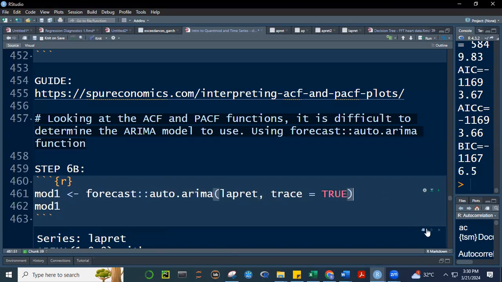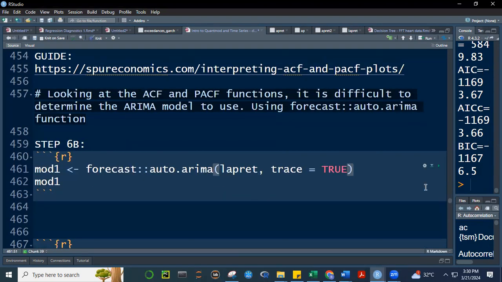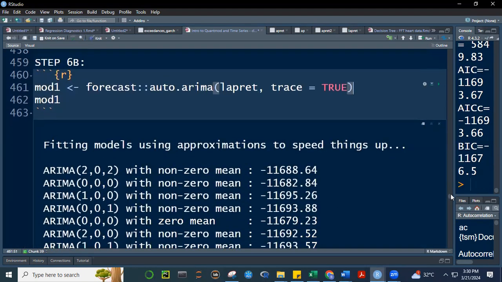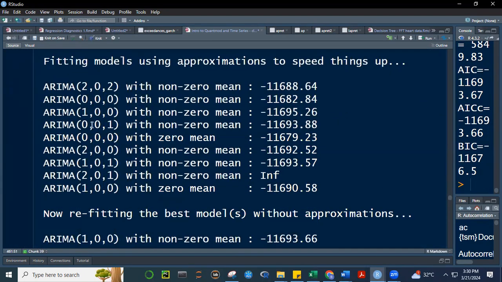All right. Let me control Z. Ibalik ko, class, yung kanina, no? Ano tong trace is equal to true? Okay, this is convenient and good because it will give us kung ano yung trial and error na ginawa ng forecast package. So if I run this, okay, tingnan nyo, class, no? Nag-trial and error siya based on the ACF. Ito yung sinubukan niya.